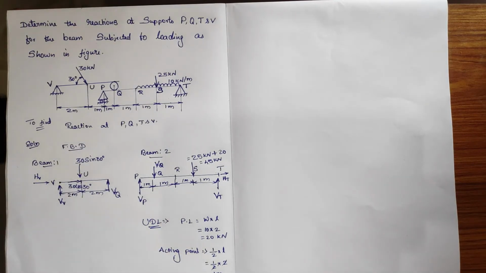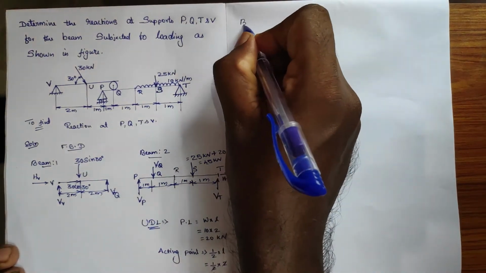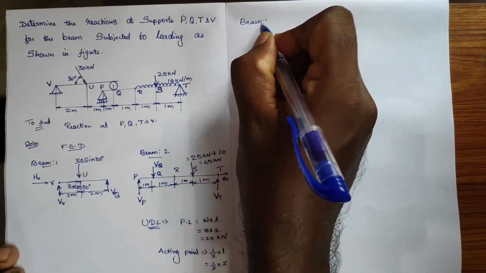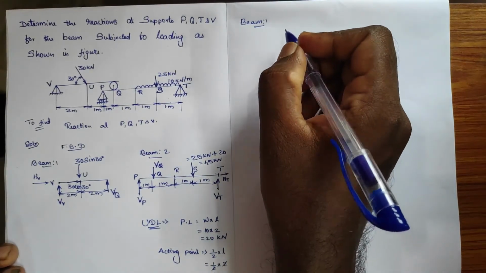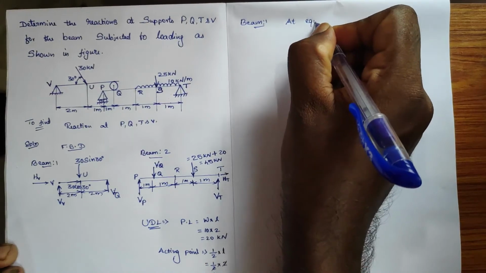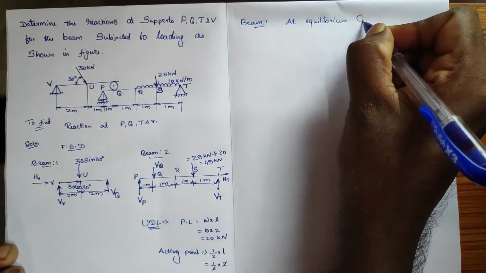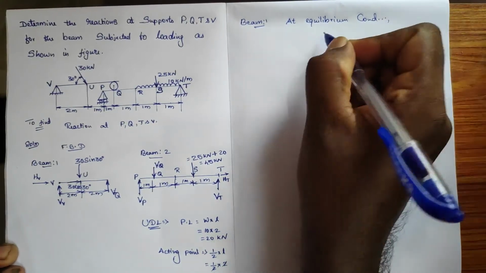Okay, fine. So first what we can do is start with beam 1. When you are considering beam 1, I'm going to apply the equilibrium conditions. So what are the equilibrium conditions?